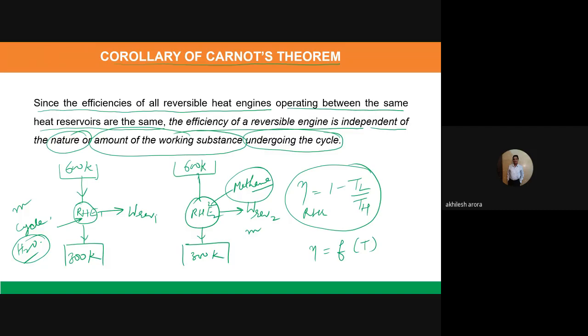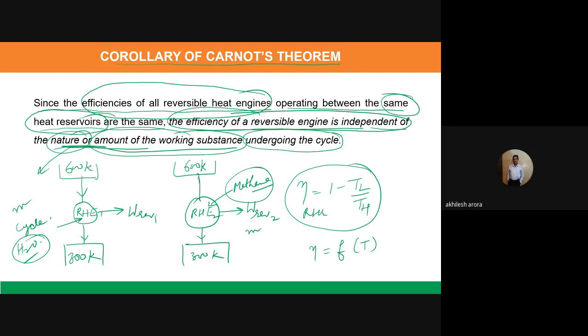So that is the meaning of the corollary of Carnot's theorem: the efficiency of all reversible heat engines operating between the same heat reservoirs, meaning they have the same temperatures, is independent of the nature or amount of the working substance. Nature means it could be any substance, water, air, CO2, or something else. And amount means its mass.